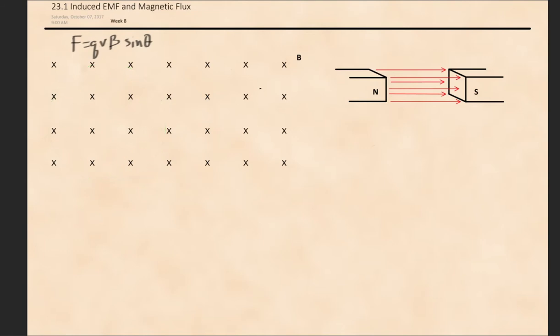Now, if I restrict the motion of that charged particle by placing it inside of a wire, then the negative charged particle, moving with a velocity v to the right, which is equivalent to a positive current flowing to the left, will again feel a force, which will cause it to move down, but it's restricted to stay inside of the wire.